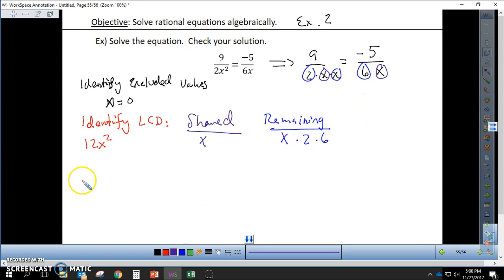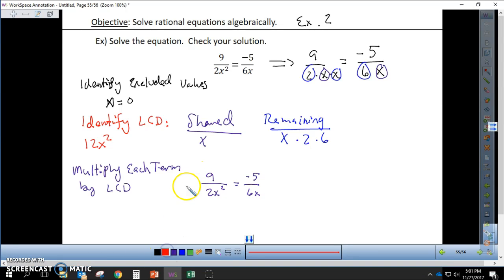The next thing that we're going to do is multiply each term by the LCD. So I'm going to take 9 times 2x squared and negative 5 times 6x, and I'm going to multiply this side by 12x and this side by 12x squared.